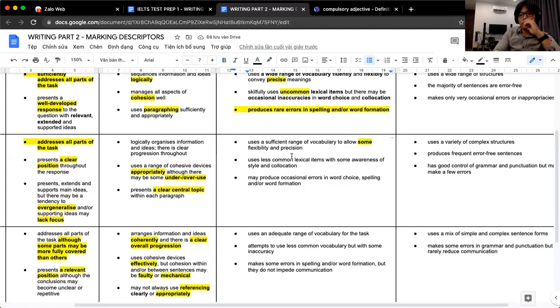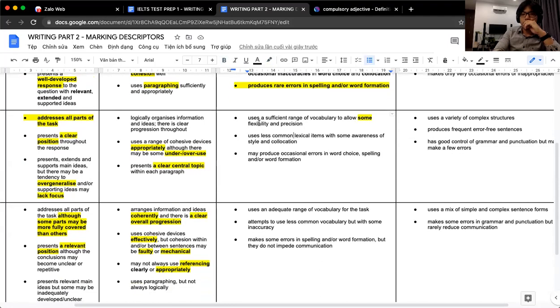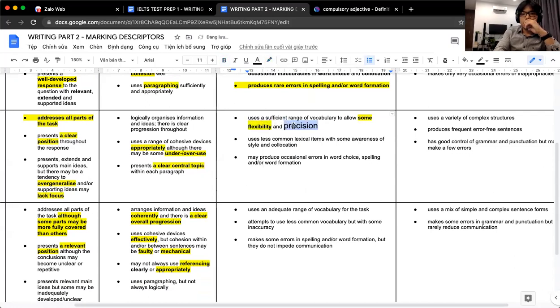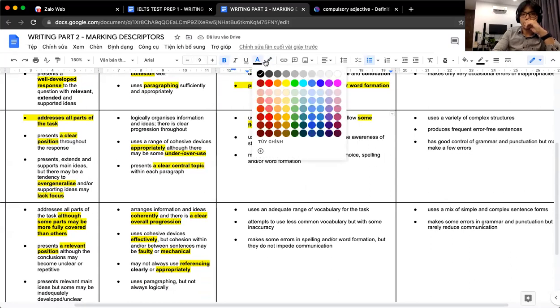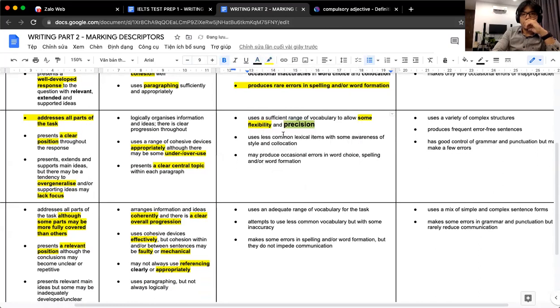They have a feeling that you can't convey what you want to convey. So that is what I'm saying, some flexibility. You don't always paraphrase successfully, and they have a feeling that you are not conveying what you want to say, or you are being too general in word choice. And that is when only with some precision.